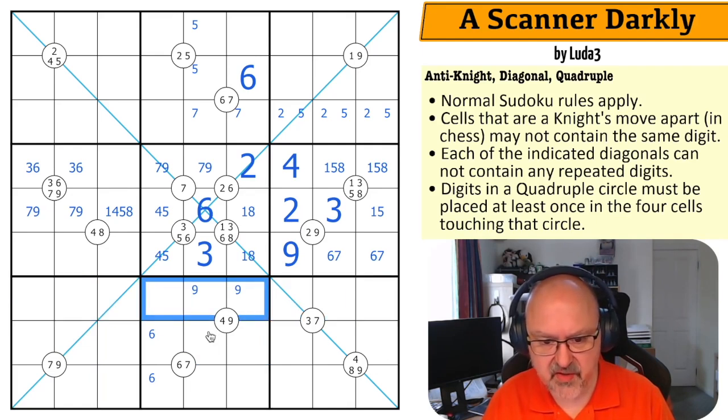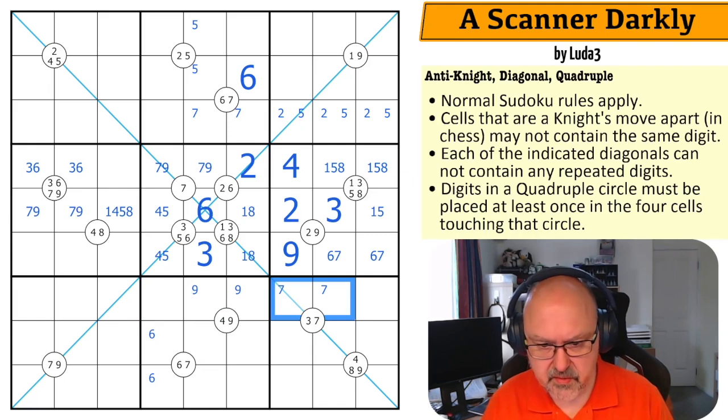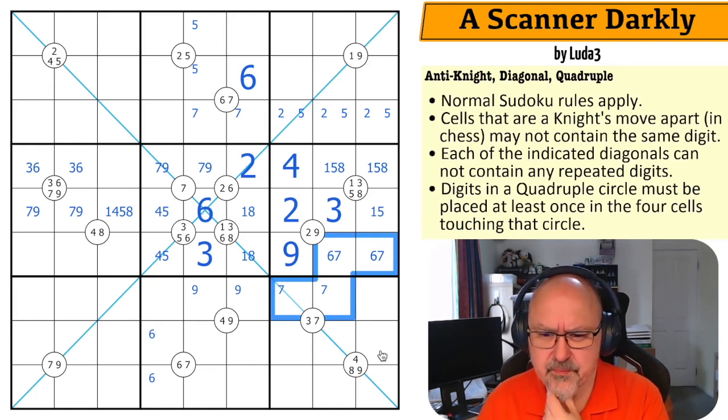So 9 is in one of these three, but 9 has to be around that quadruple. So 9 is in one of those two. I know 4. 7 is in one of those two. I keep seeing this pattern and thinking there's a knight's move trick to it, but I don't think there is.